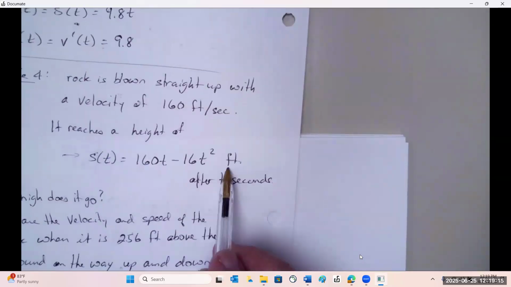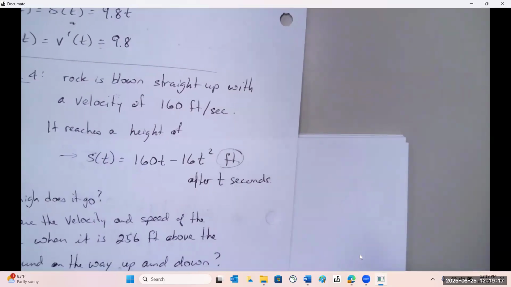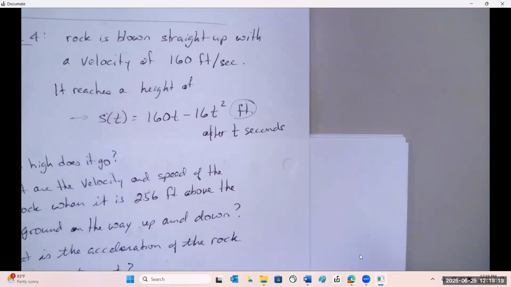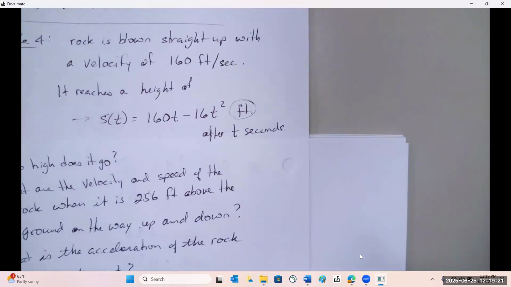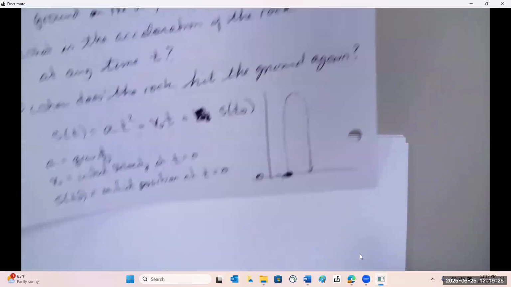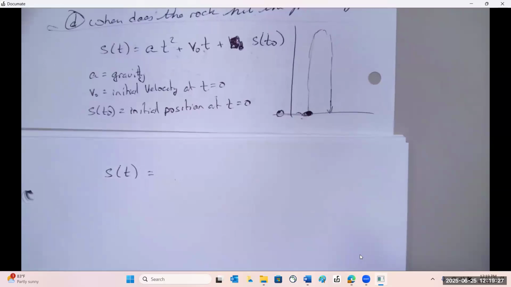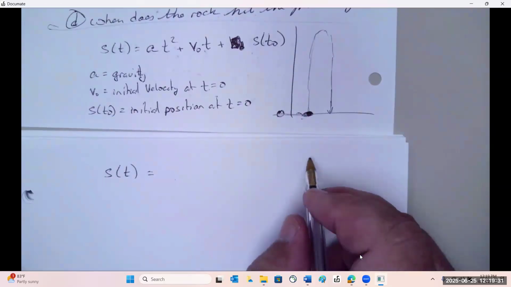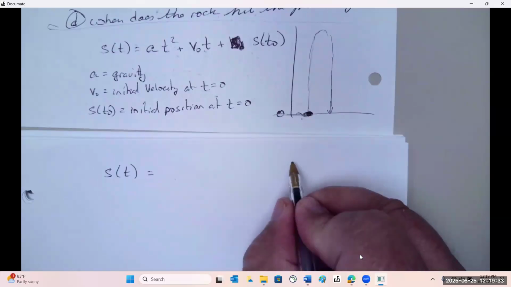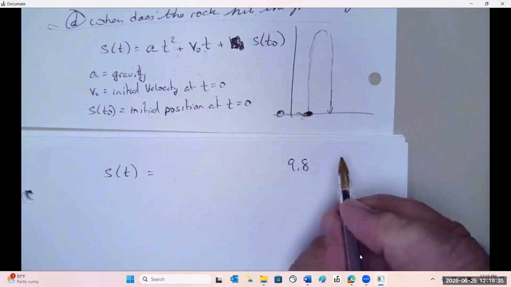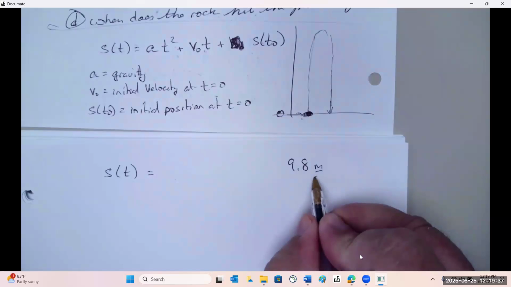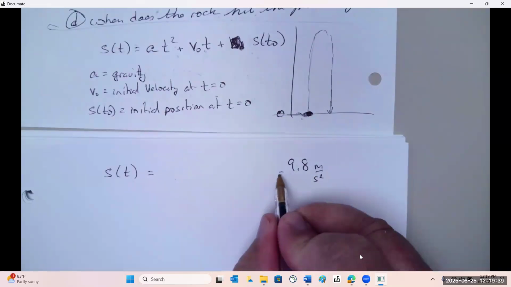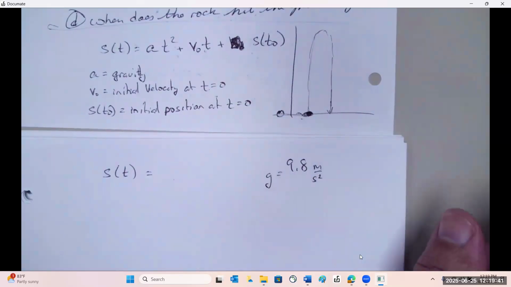Since this is very important, since we're using feet as a unit of measurement, what's gravity then? Actually, gravity is 32 feet, because remember, 9.8 meters per second squared was gravity for metric.